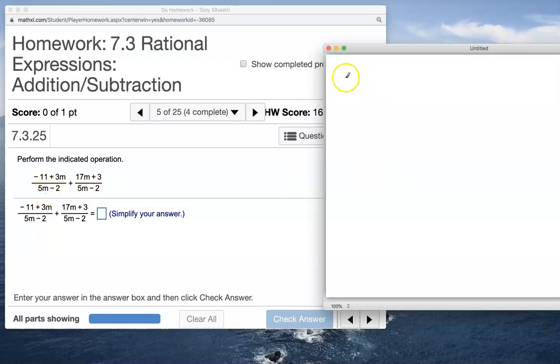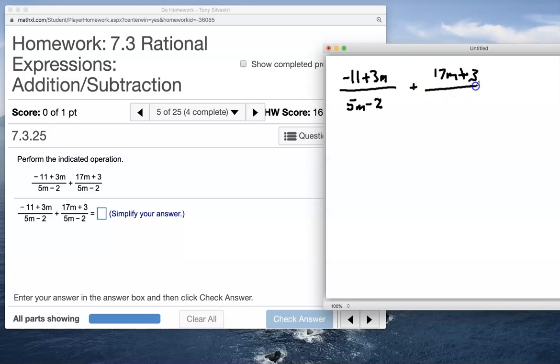So I'm going to take 11 plus 3m up top, divided by 5m minus 2, plus 17m plus 3 over 5m minus 2. Okay, not a problem.